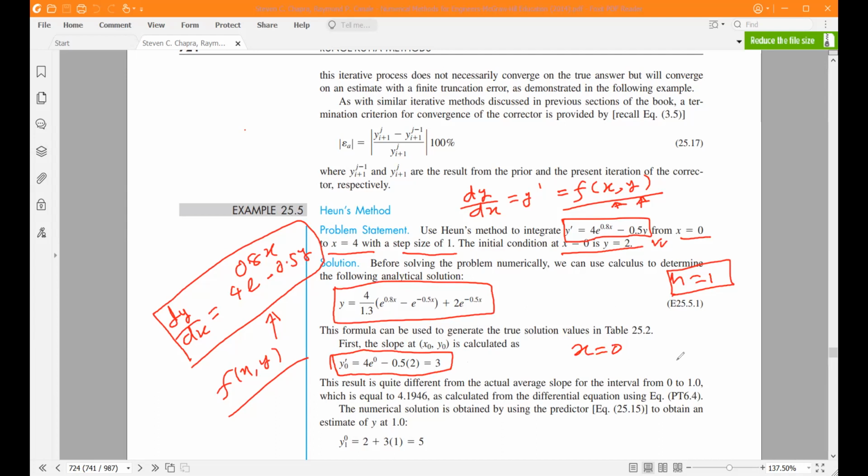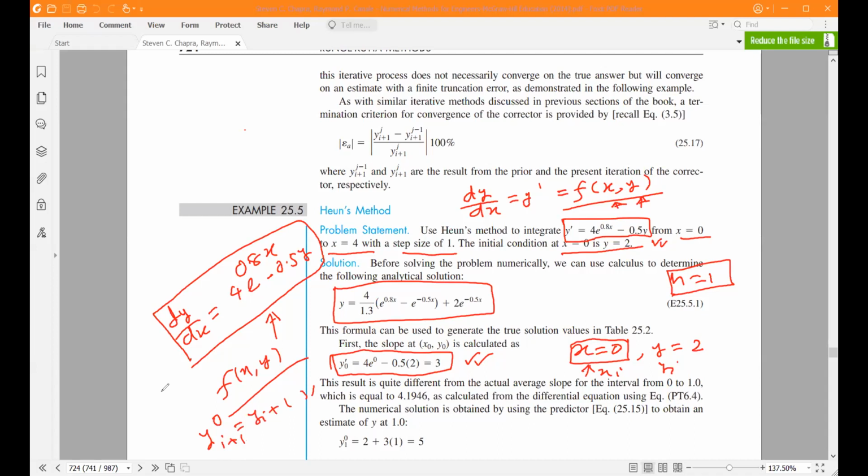Using this value, you put it there and this is your slope. Next step, using this slope, you calculate a value yi plus 1 0 by using Euler's method. That will be equal to yi plus the slope you calculated multiplied by h.